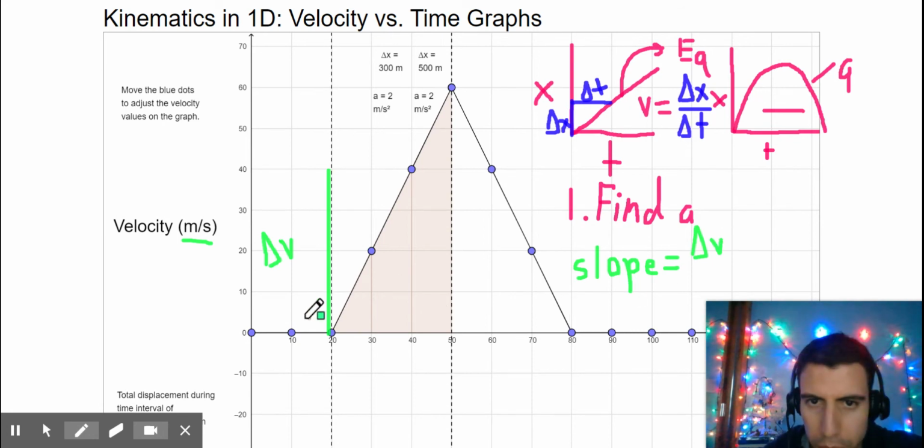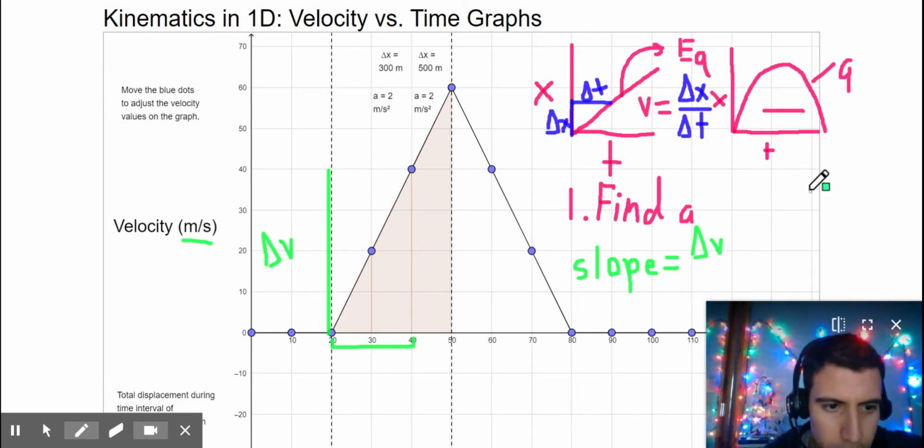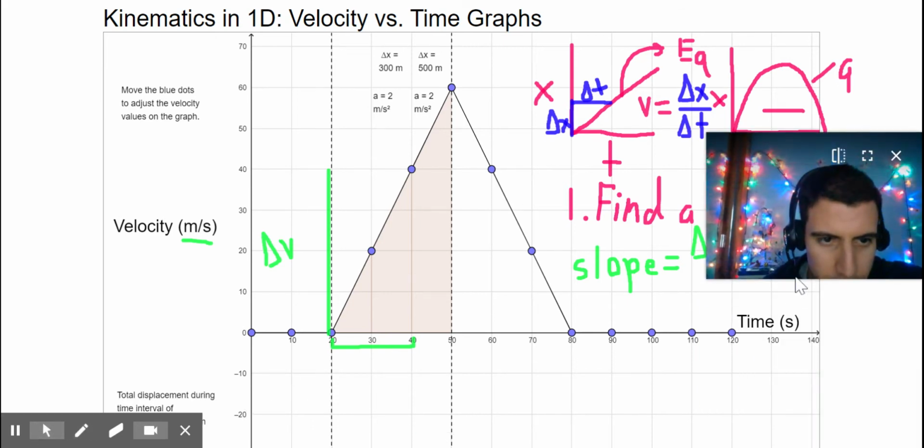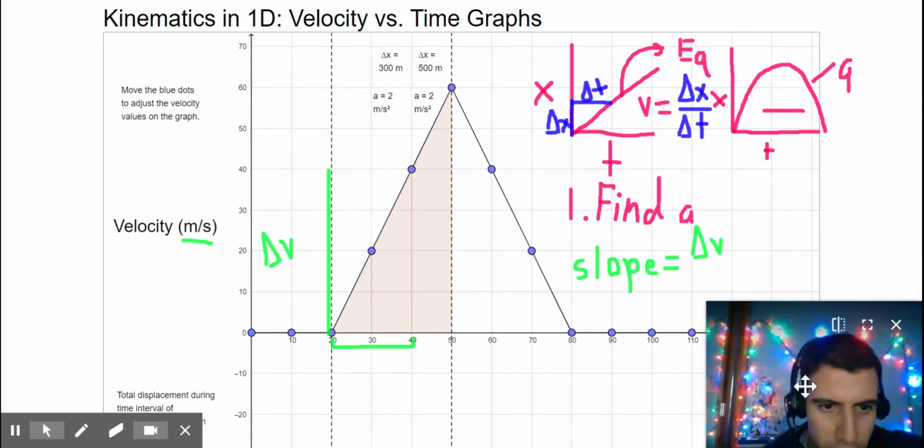And then after we take a look at this, let's say we want to go this way. Notice this here is still time. This here is still time down here. In other words, this is still a delta t down here.